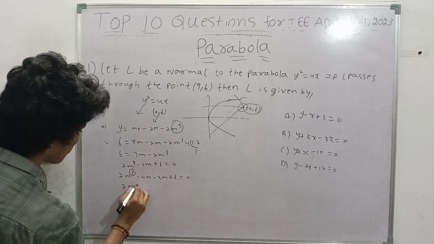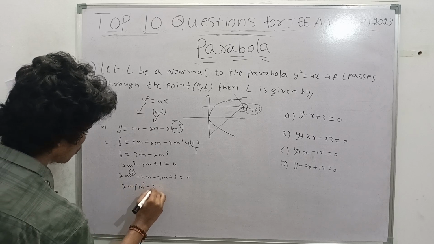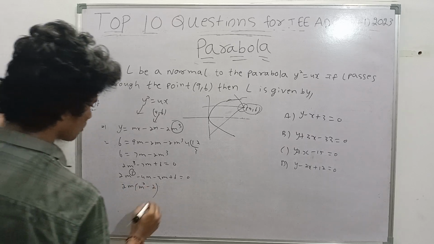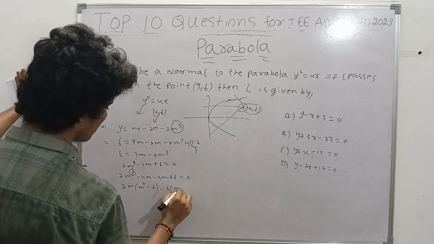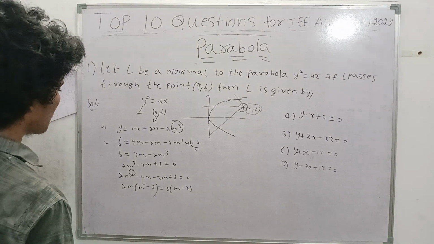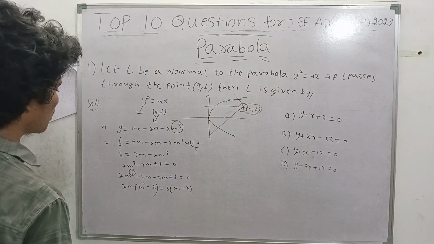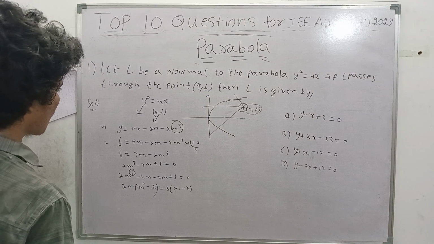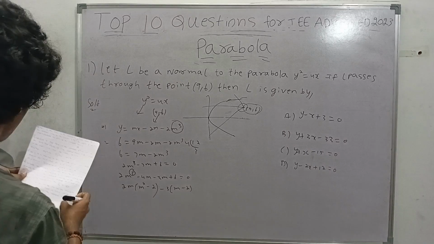If we take 2m as common here, m square minus 2, but here it is m square. What can we do here? The normal equation is correct only.